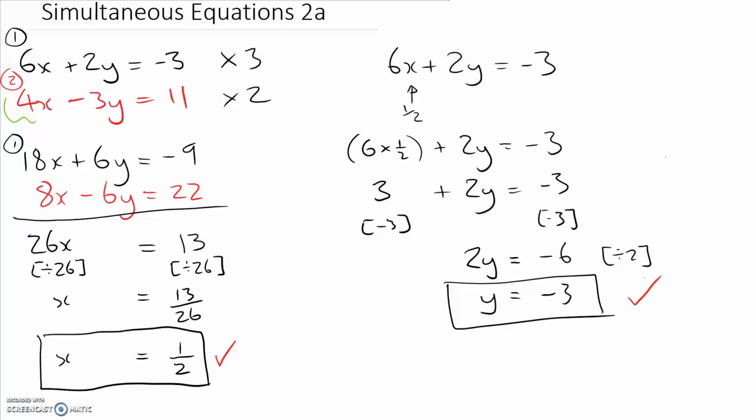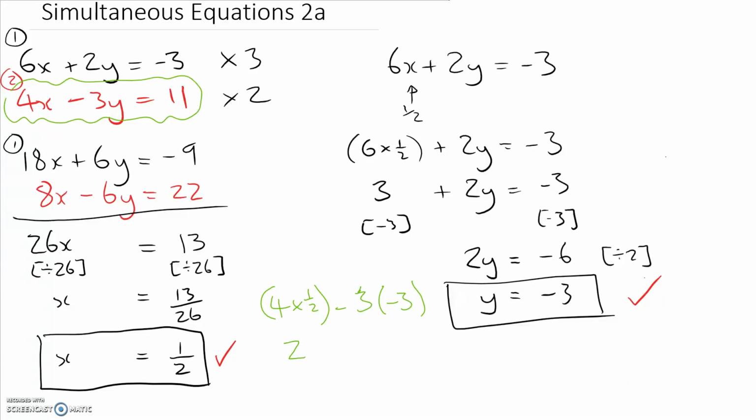If it didn't work for you, I wonder whether it was this equation. Let's just have a run through. 4x, well we know x is a half, so 4 times a half is what we're substituting in. Minus 3y, minus 3 times, y is negative 3. Now here we've got to be really, really careful. We've got 4 times a half, that's 2.